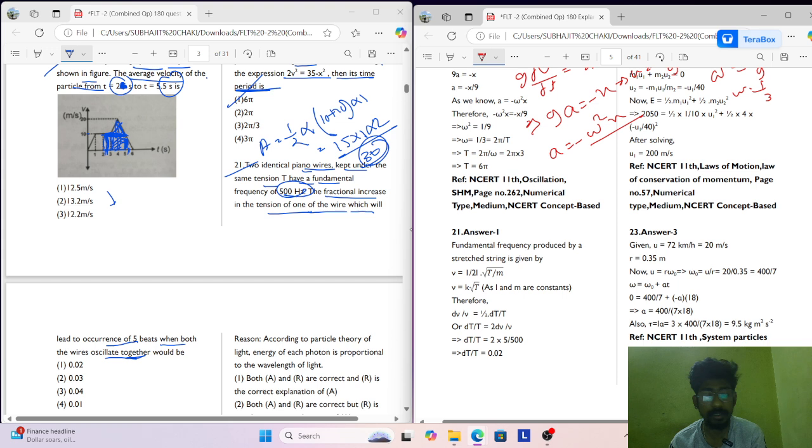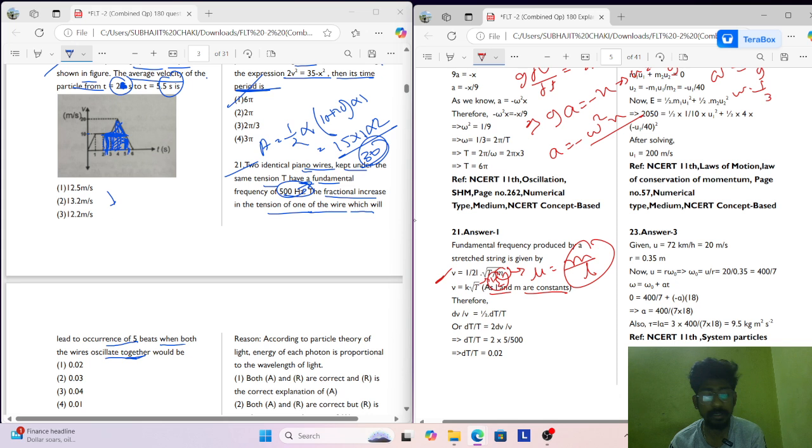The rest is constant, so we are taking it out. So dv by v will be half of dT by T, because T to the power half, minus 1 is the power half. So from this you can calculate.